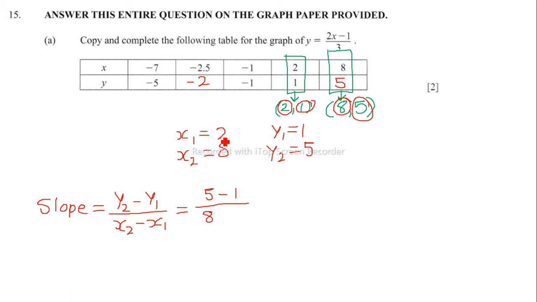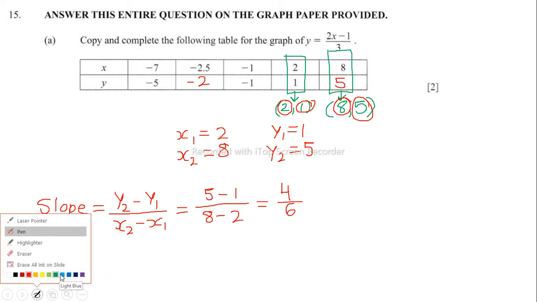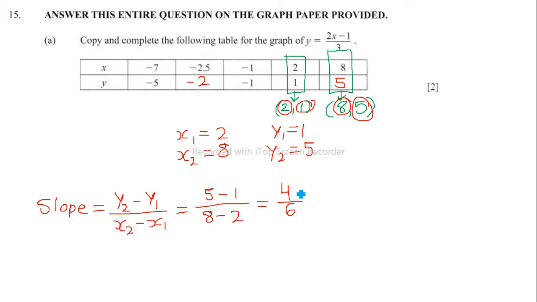And what is x1? 2. Good. What is 5 minus 1? 4. And what is 8 minus 2? 6. Can we simplify further? Yes, by 2.